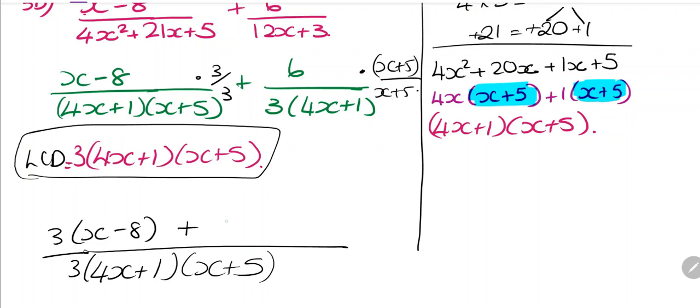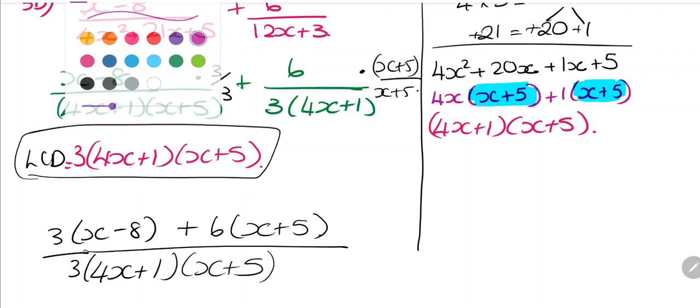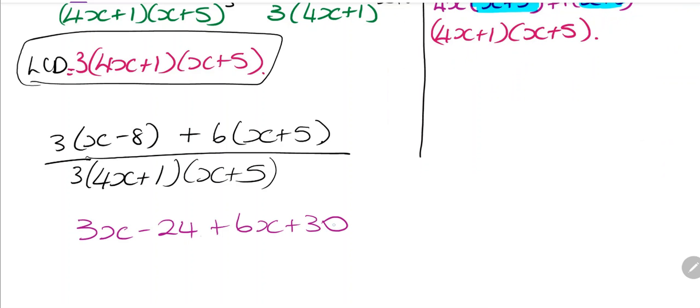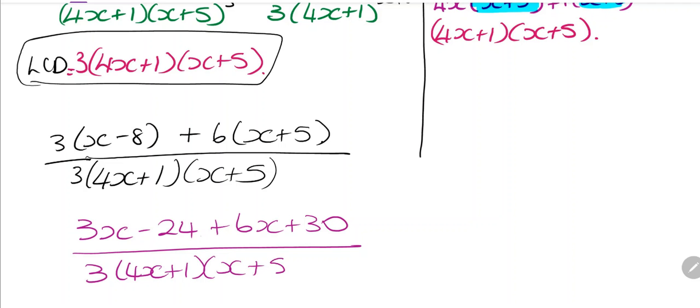And now we're just going to multiply this out. So 3x minus 24 plus 6x plus 30, over 3, 4x plus 1 and x plus 5.